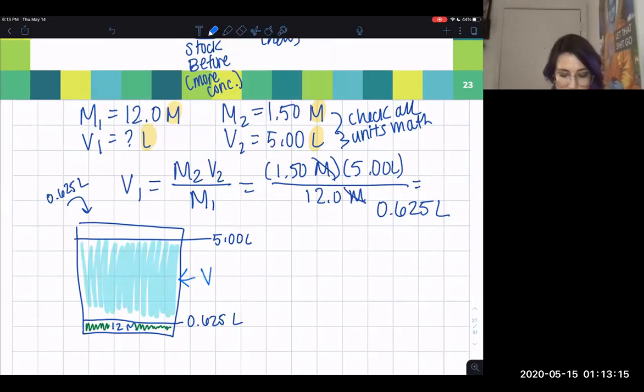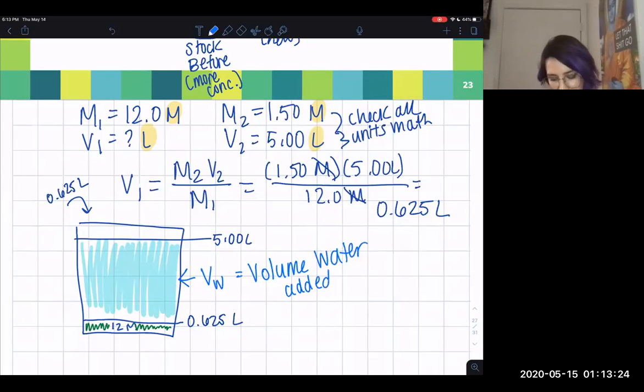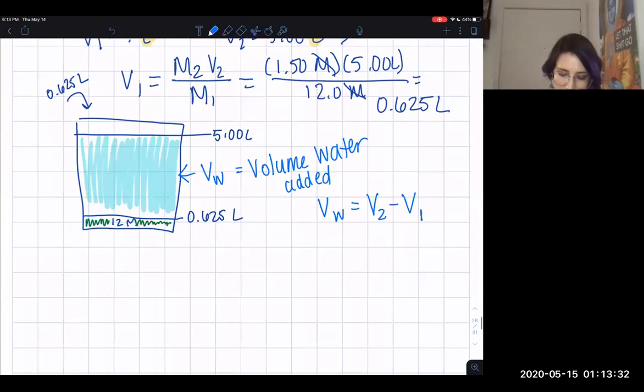So this is your volume of water added. And your VW is always equal to your V2 minus your V1. So your final change in water is equal to your V2 minus your V1, the difference.